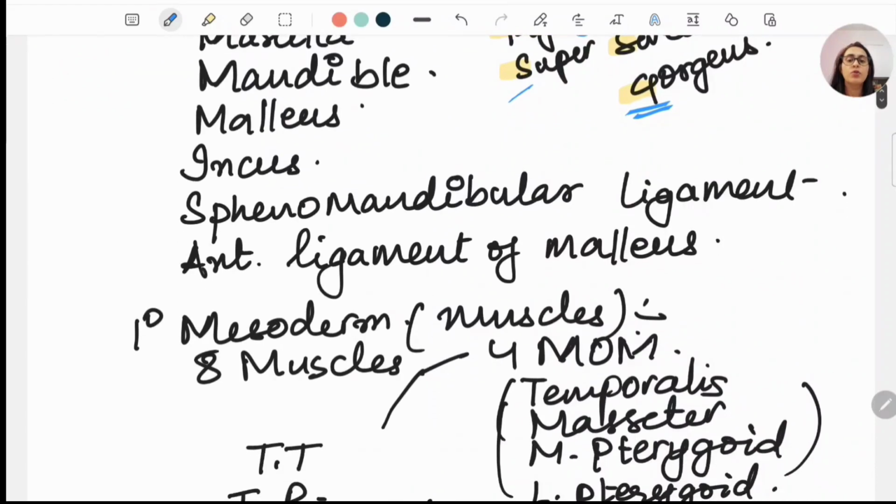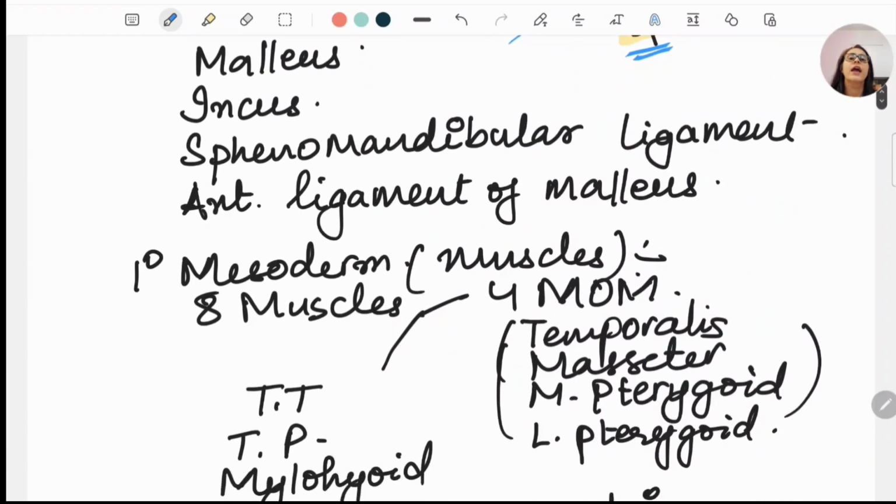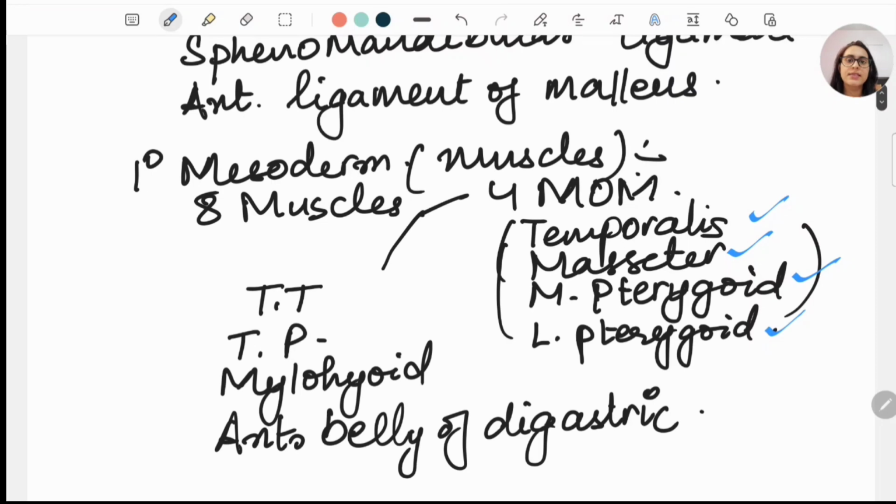When we talk about the muscles of the first pharyngeal arch, we have 8 muscles. Four are the muscles of mastication: temporalis, masseter, medial pterygoid and lateral pterygoid. Now remember, the muscles of mastication close the mouth, that is, they elevate the mandible. We have an exception here, the lateral pterygoid, which opens the mouth by depressing the mandible.